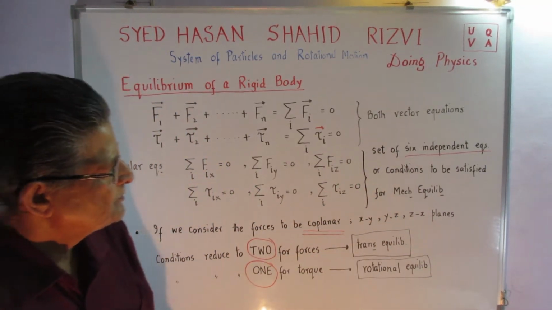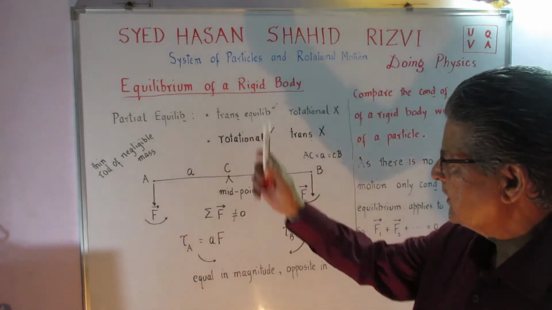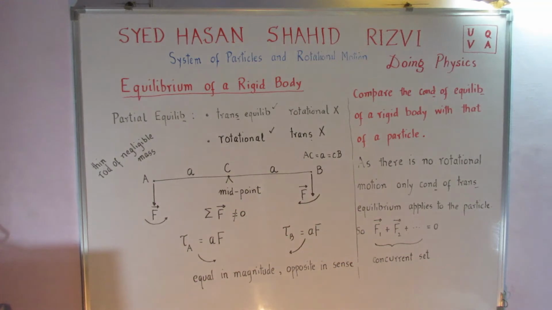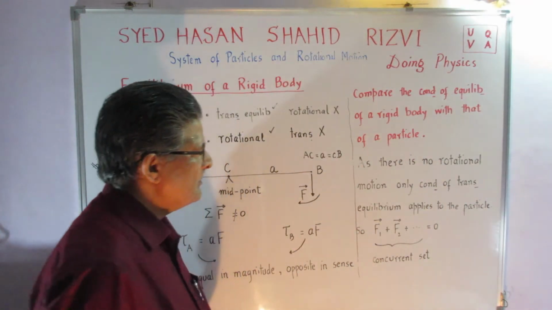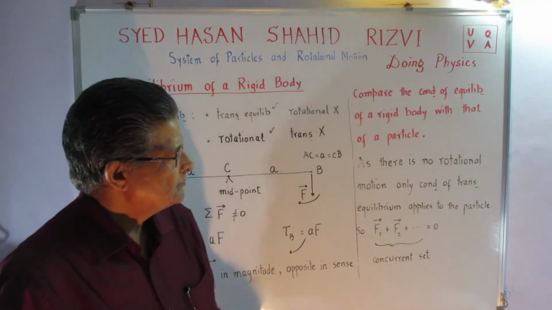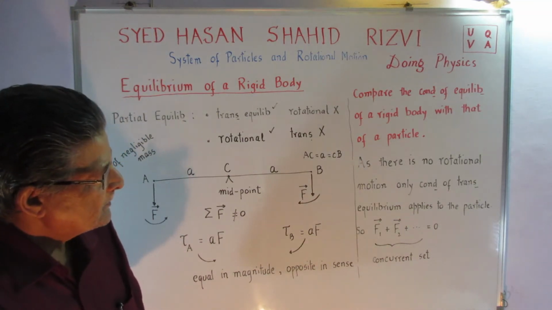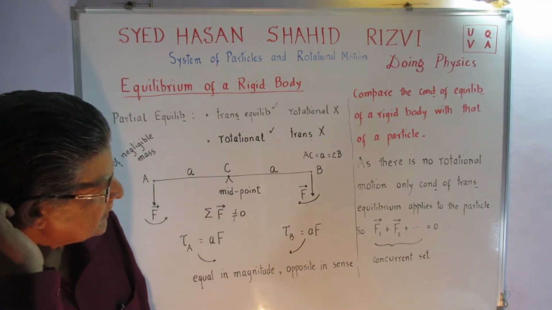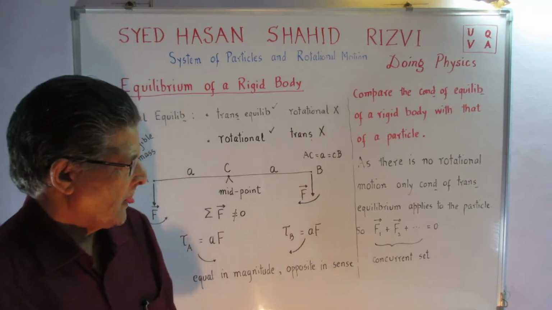So we are going to learn about the partial equilibrium, but before that I would like to compare the condition of equilibrium of a rigid body with that of a particle.